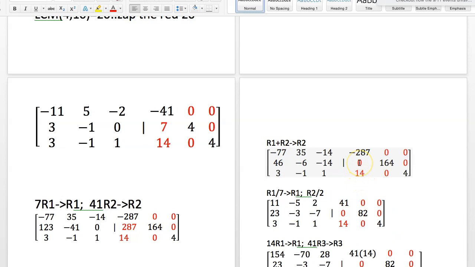Okay. And you'll get, well, neg 77 and 123 is 46. And then, yeah, we get our correct neg 6 there. We get neg 14 there, sure enough. The shoe fits. Well, eventually we would have had to face up to 41 anyway, so I guess it's just as well.